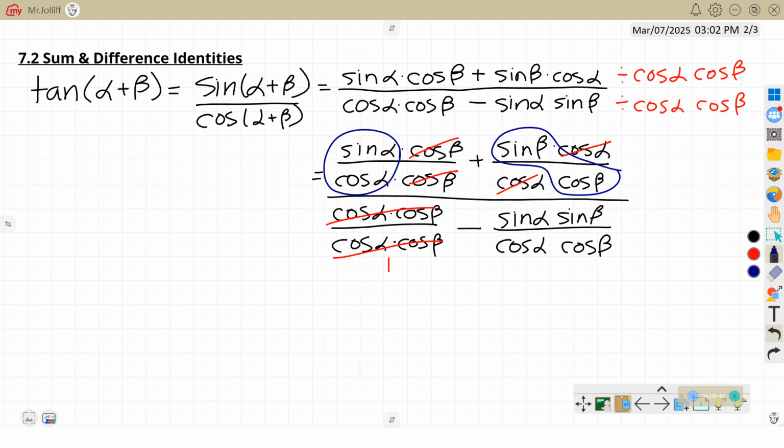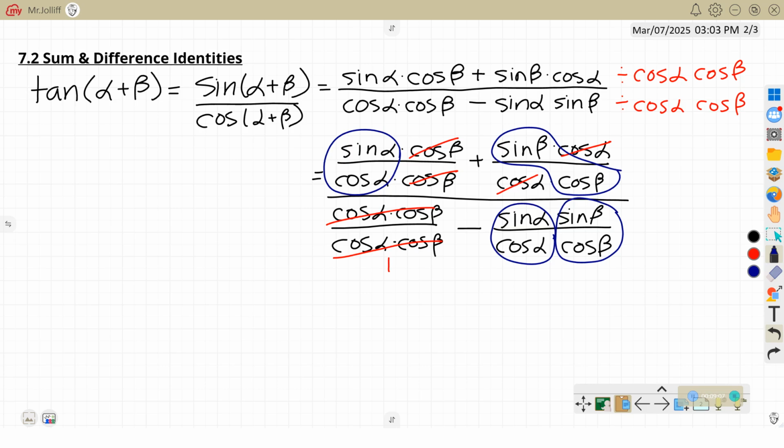That's a tan beta. In the bottom, I see a sine alpha over cos alpha. That's a tan alpha. I also, directly next to it, see a sine beta over cos beta, which is a tan beta.